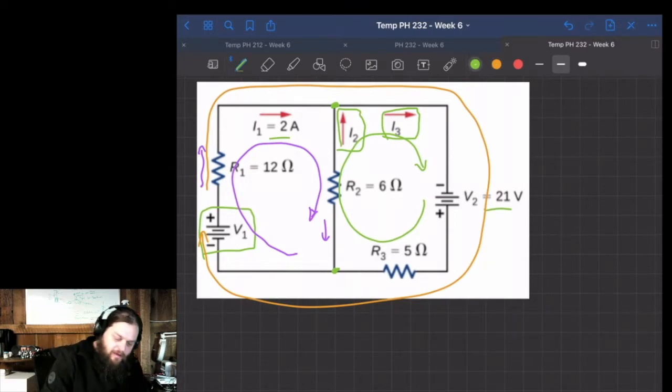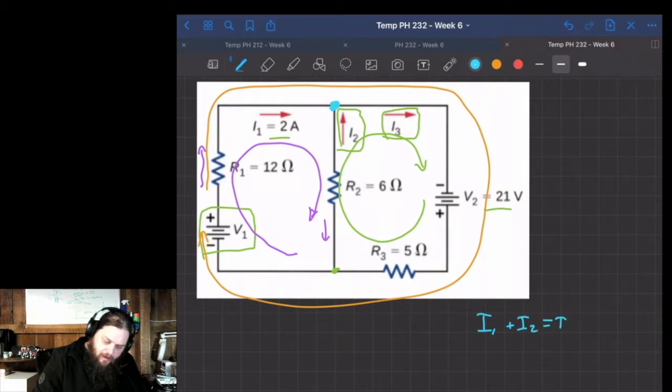And then we have this 1 junction here. I'm going to label it in blue. We can create equations based on Kirchhoff's laws for these. For that junction, the current going in, I1 plus I2, is equal to I3.